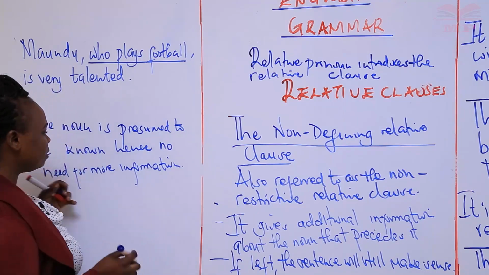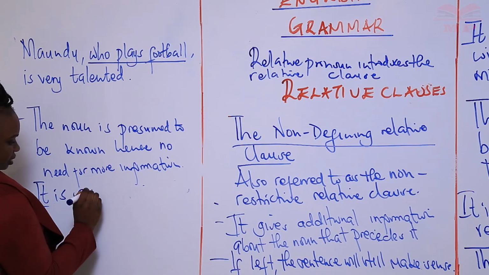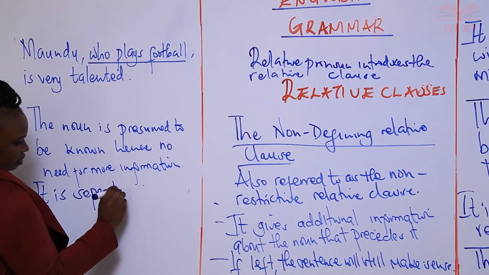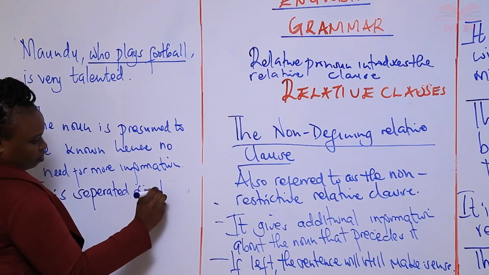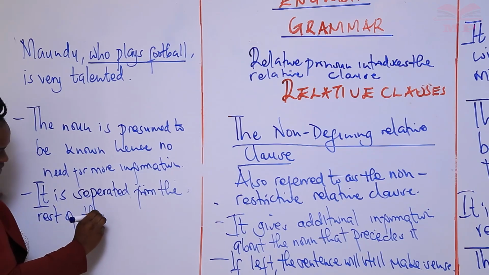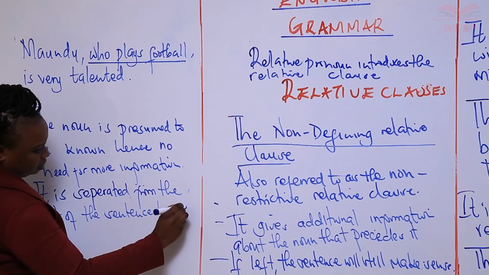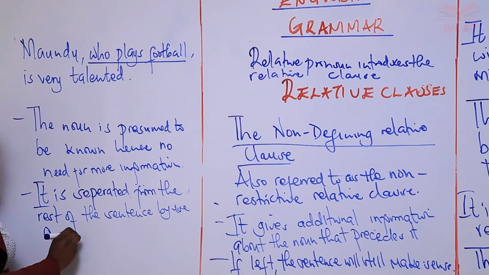All right. Now, another thing about the non-restrictive: it is separated from the rest of the sentence by use of commas. In this case, it can be left out.